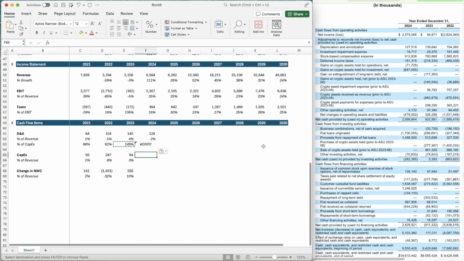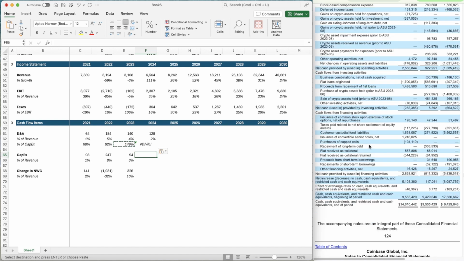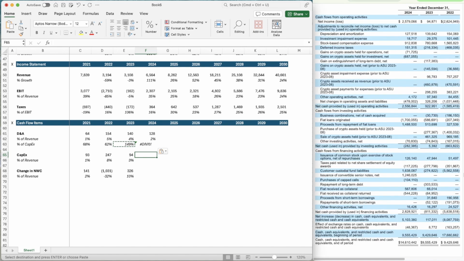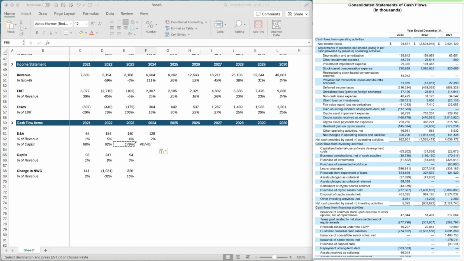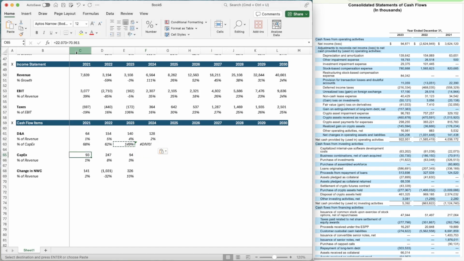Didn't have any capex in, okay, I think I've done something wrong. On the capex, the business combination is not a capex. That's just them investing in other companies.